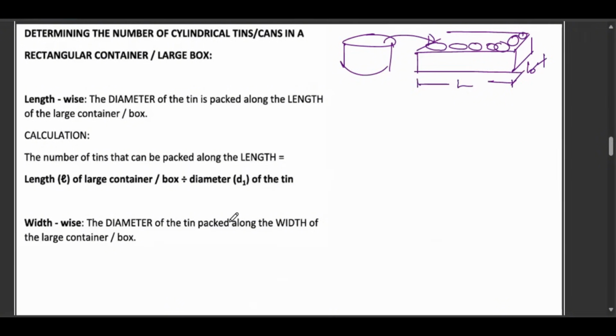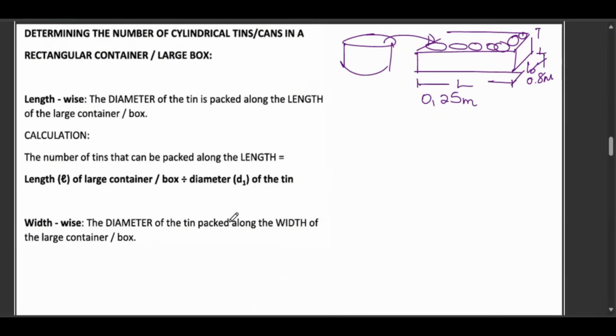It will be, let's say, 0.2 meters. Then here we have 0.8 meters.